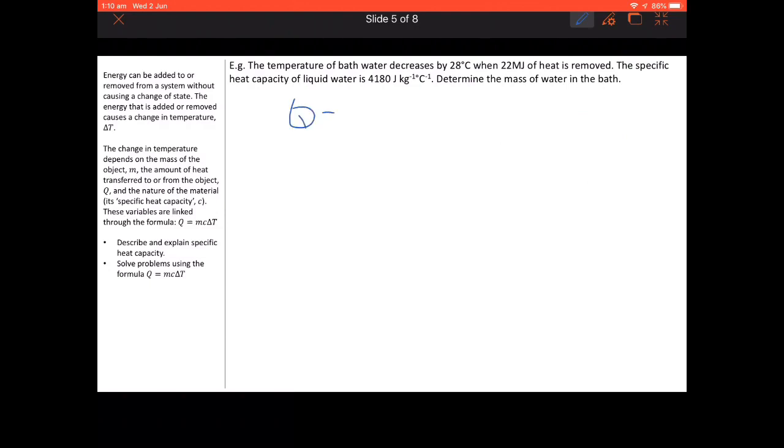So you still use the exact same rule, but this time you're going to have to rearrange it in order to find what you're looking for, which is the mass. So rearranging to make mass the subject, you will be dividing the heat by the specific heat capacity and the change in temperature.